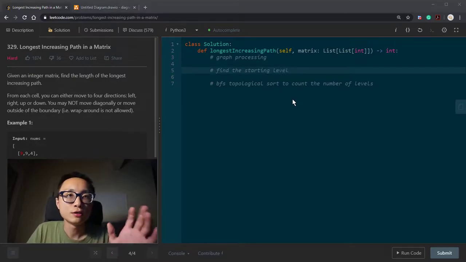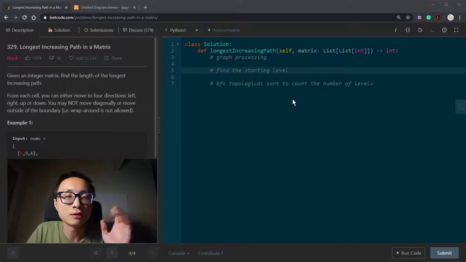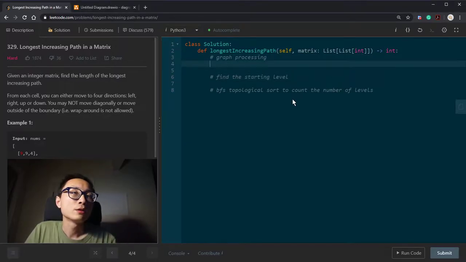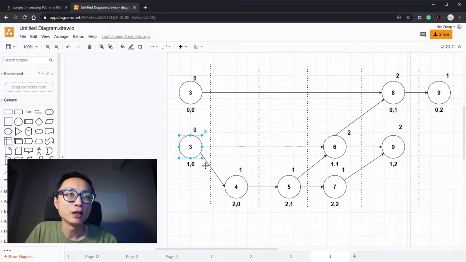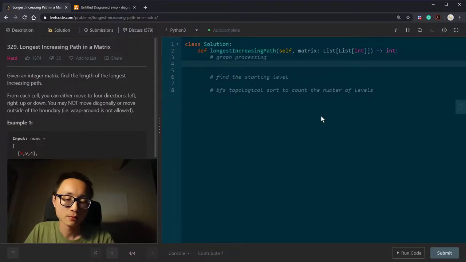So that's going to be the three chunks of the code. The graph processing we're going to do is to basically get the out edges and also count up the in degrees.